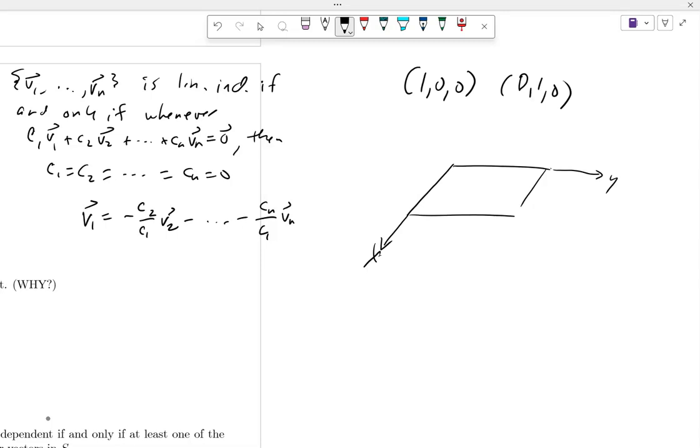Basically I get anything of the form (x, y, 0), because I can write that as x times (1, 0, 0) plus y times (0, 1, 0). If I want to create something new, I need to put something in that last coordinate. Otherwise I'm still in this plane, so it doesn't add any new information. I need a non-zero third coordinate.